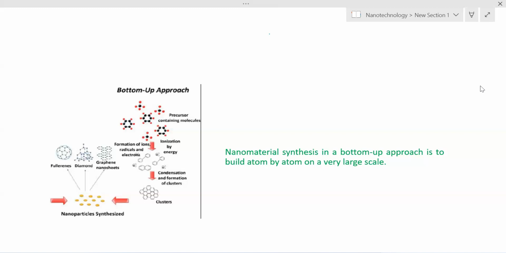And crystal growth is another example of the bottom-up approach, where growth species such as atoms, ions, and molecules, after they are impinged onto the growth surface, assemble and form a crystal structure.